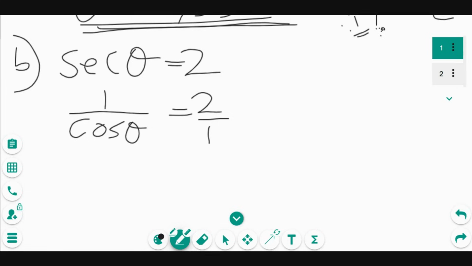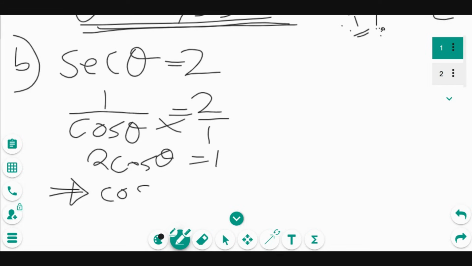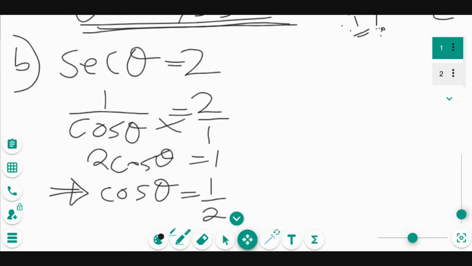So when I cross multiply, I get 2 times cos theta is equal to 1, and that implies when I divide by 2 on both sides, cos of theta is 1 out of 2.